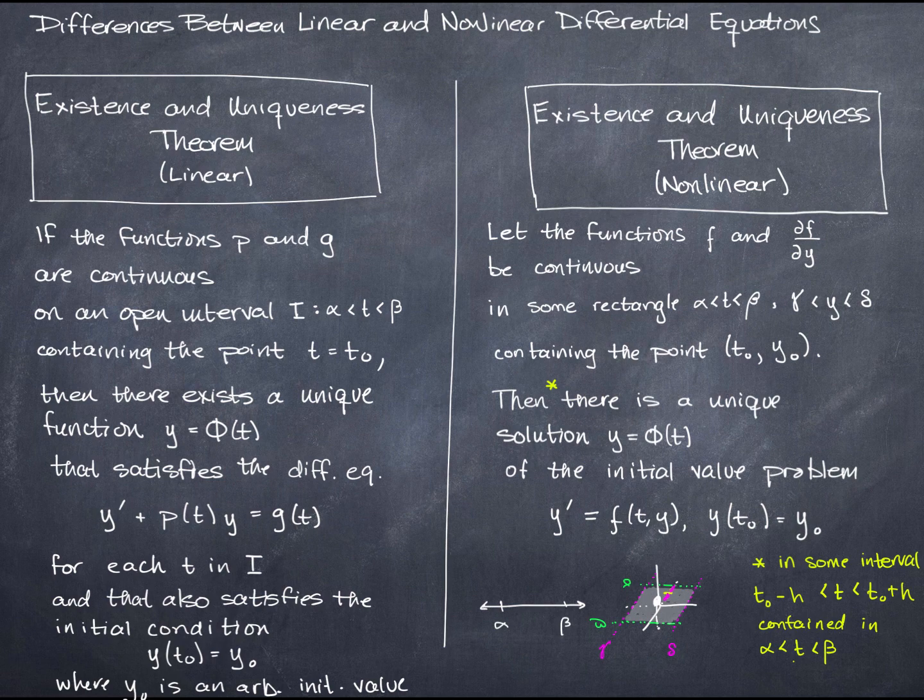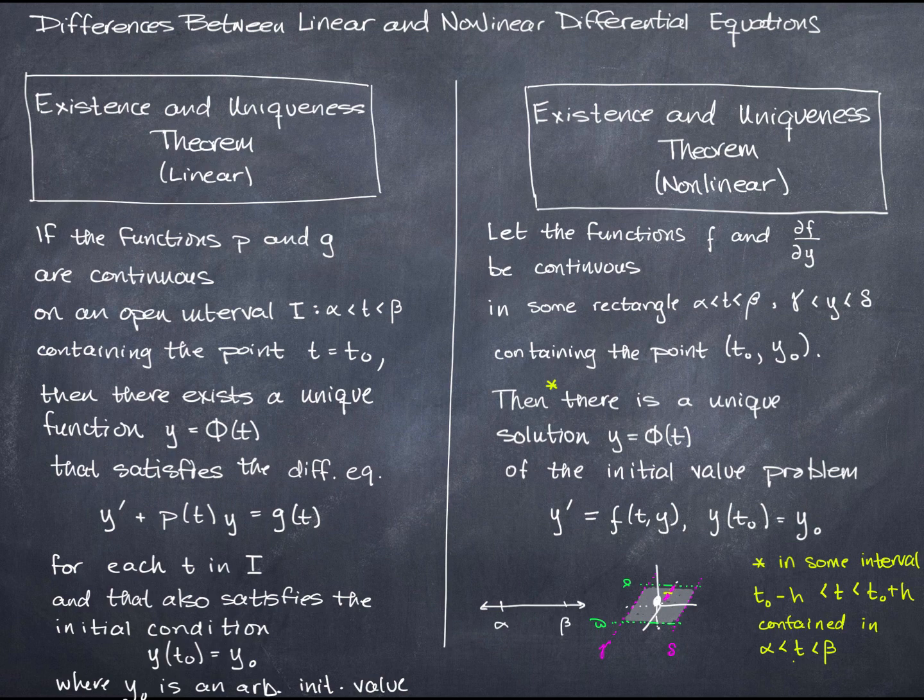So this entire interval that I've kind of drawn here, that yellow line there is my t naught. A little bit less than that is t naught minus h. A little bit more than that is t naught plus h. That entire interval still has to fall between t equals alpha and t equals beta. So I can't go out here. Even though t naught is inside, if the interval goes outside, I'm not meeting the criteria.